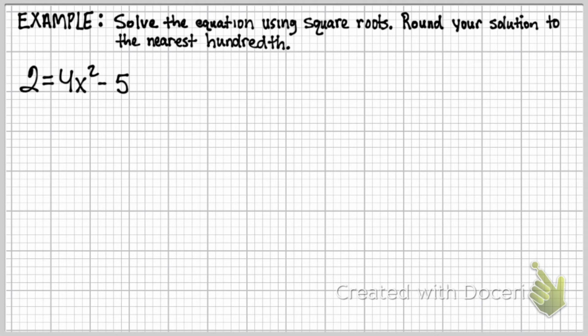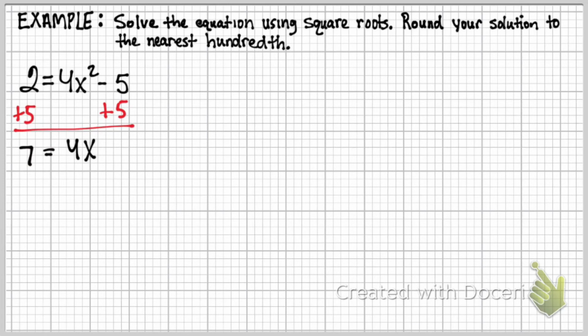The next thing we need to determine is how many solutions there will be to this equation. And in order to do that, I'm going to isolate the x squared. The first step in isolating the x squared is to undo adding or subtracting. So in this problem, I'm going to undo subtracting 5, or I'm going to add 5 to both sides of the equation.